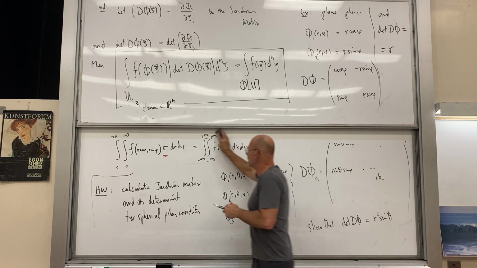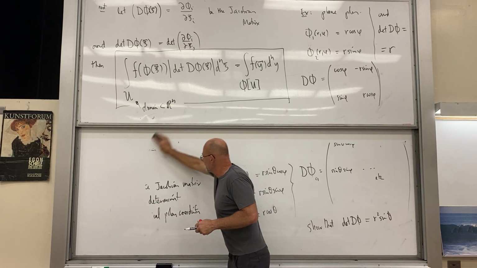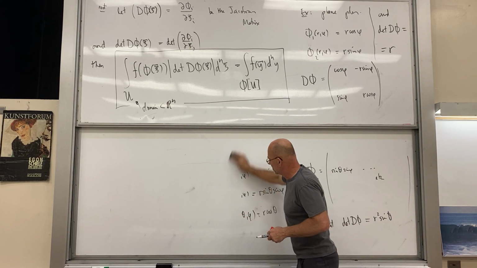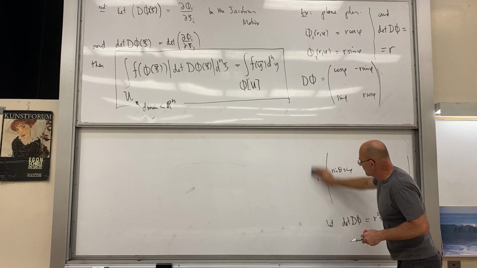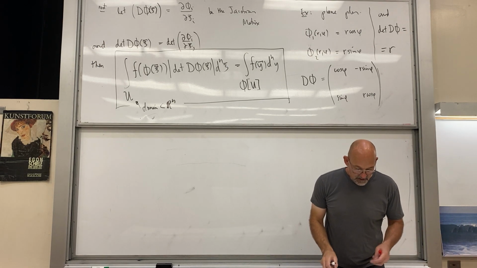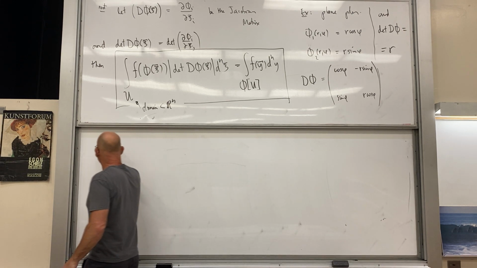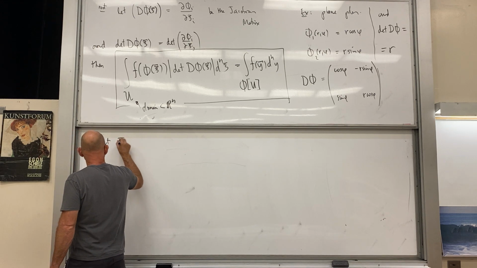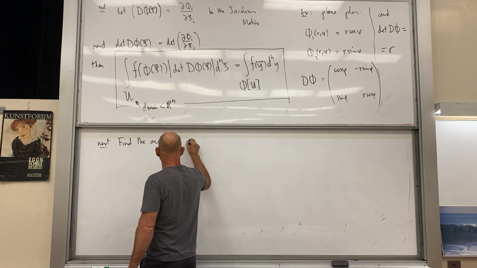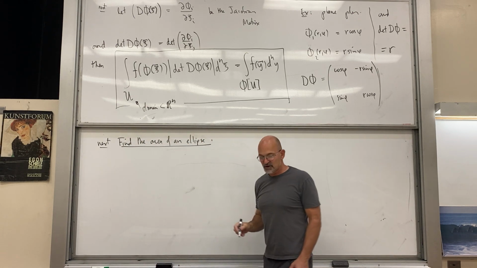So now we'll do the ellipse, and the ellipsoid. So my next example is, I just want to find the area of an ellipse using the transformation formula.